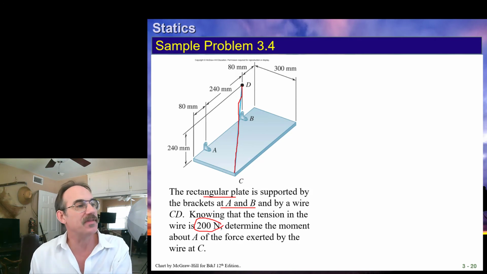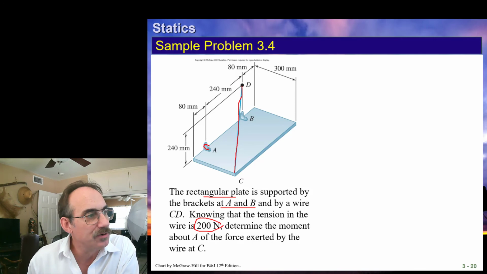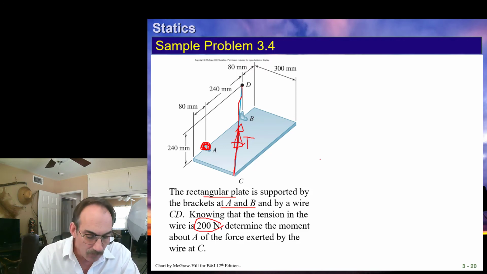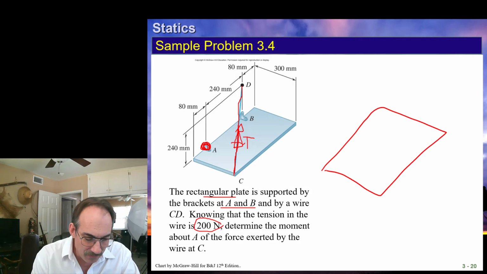What this means is we're going to use this point A, and we want to know how much rotation is caused by this wire. If this wire is in tension and we draw a free body diagram, we cut the wire off and replace it with a force.